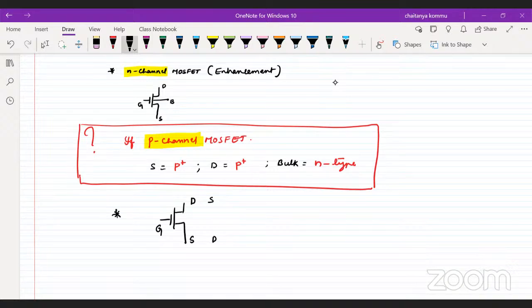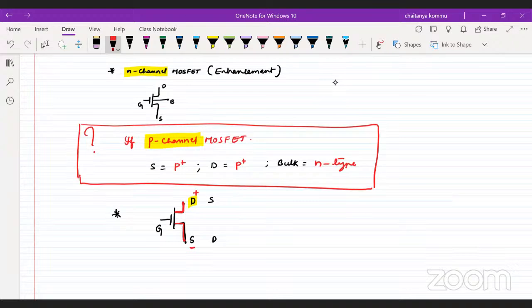If the top terminal is more positive than the bottom terminal, then we name it the drain.